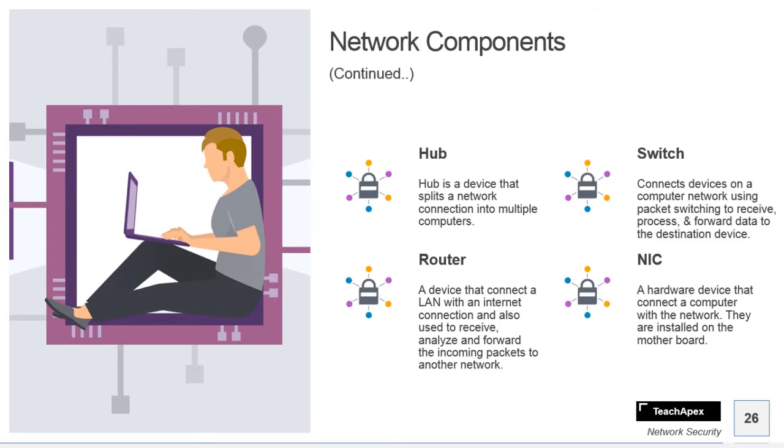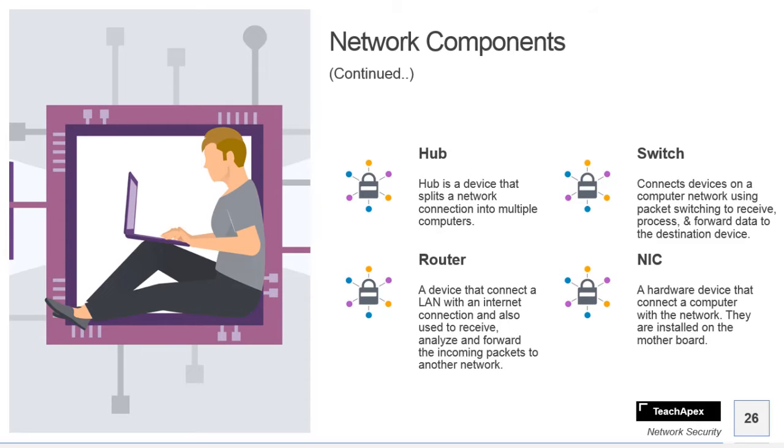A switch uses one-to-one technology because it doesn't broadcast the connection like the hub. It determines the device to which the message is to be transmitted. Therefore, we can say that a switch provides a direct connection between the source and the destination. That's why I'm calling it one-to-one communication.